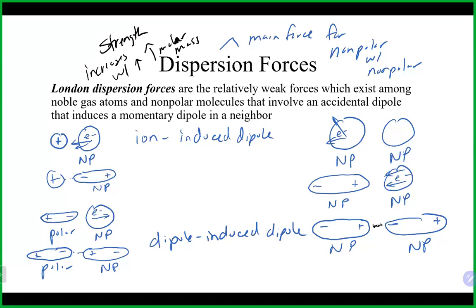So if you're asked, for example, what is the strongest intermolecular force for water, hydrogen bonding should be the correct answer. Even though it could technically be dipole-dipole and it could technically do dispersion forces, it is not the main one it's going to use. For nonpolar molecules, it is the main one that it could use. It is the only one it could use.